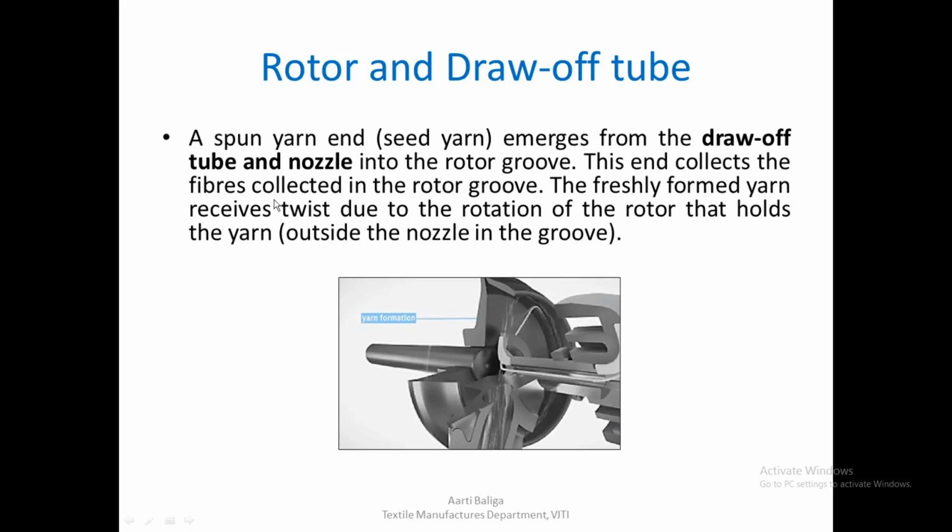This end collects the fibers collected in the rotor groove. The freshly formed yarn receives twist due to the rotation of the rotor that holds the yarn outside the nozzle in the groove. As soon as it comes out, this part is being held and rotated like a crank around, and because of this, real twist is inserted into the yarn, which shall flow into the freshly formed fibers to a certain extent, and therefore it gets withdrawn.